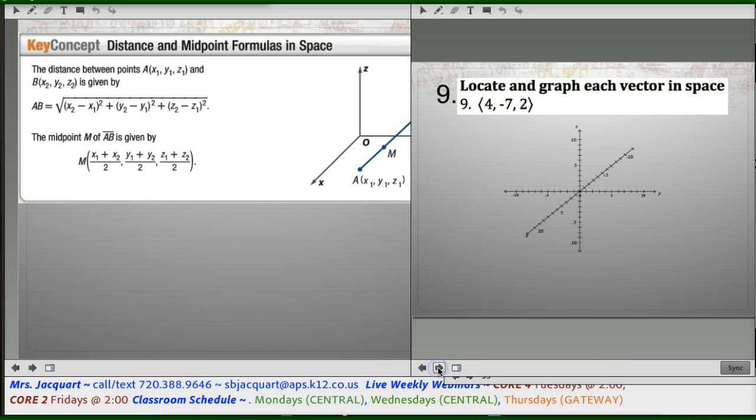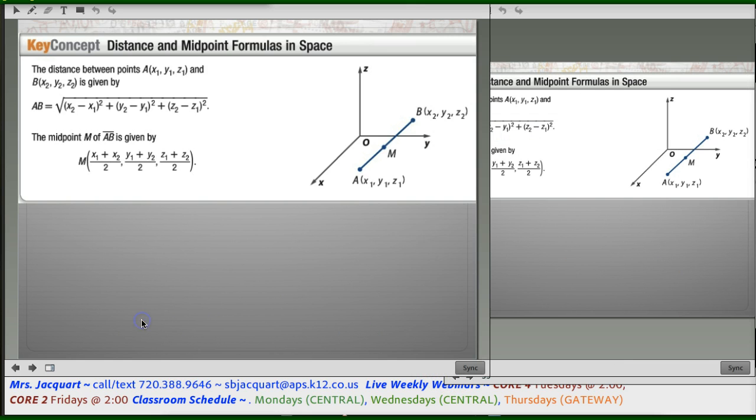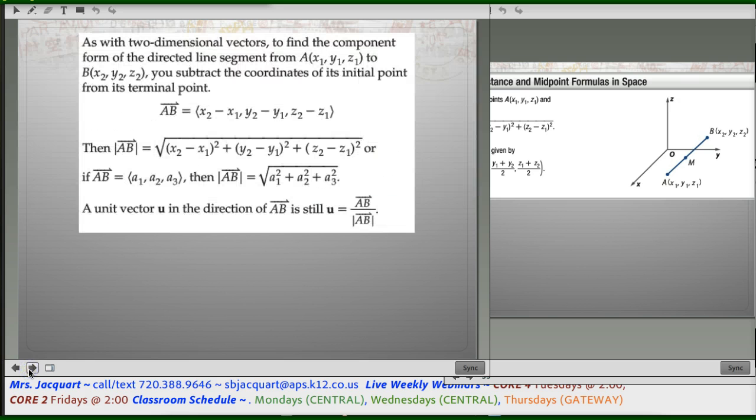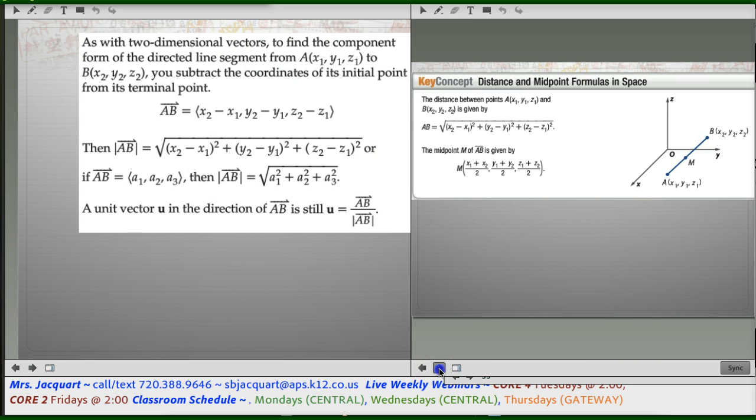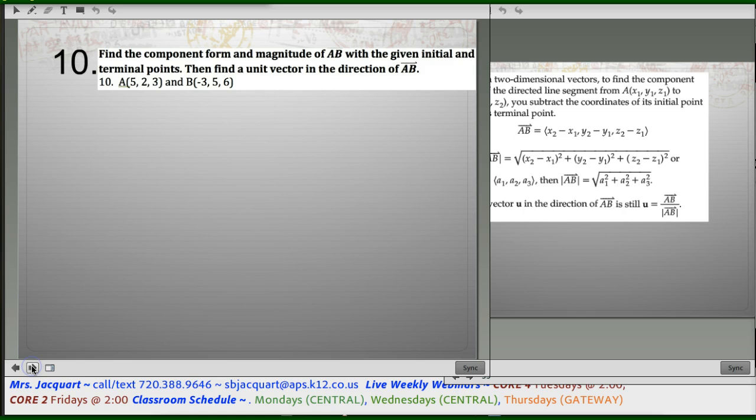Pause, take notes. Put those there in case they're useful. Oh, this one's going to be really useful. Pause, take notes. Find the component form and magnitude of AB.